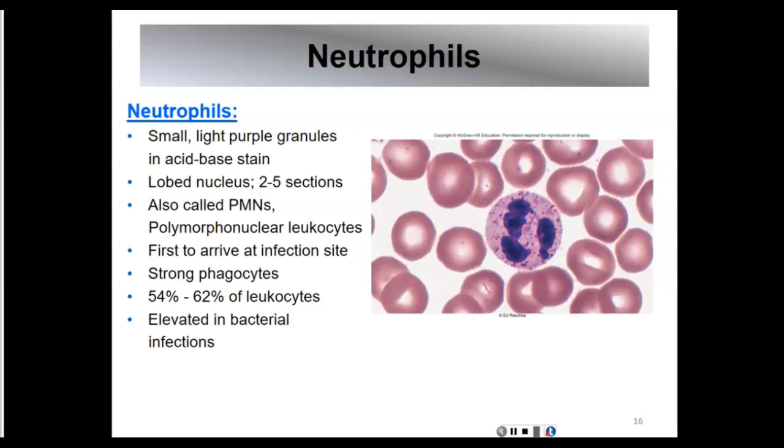The keys to this one are: 1, there's a lobed nucleus. 2, it's the first to arrive at an infection site. Also, they're strong phagocytes, and this is a large number of your white blood cells. It will be elevated in bacterial infections.